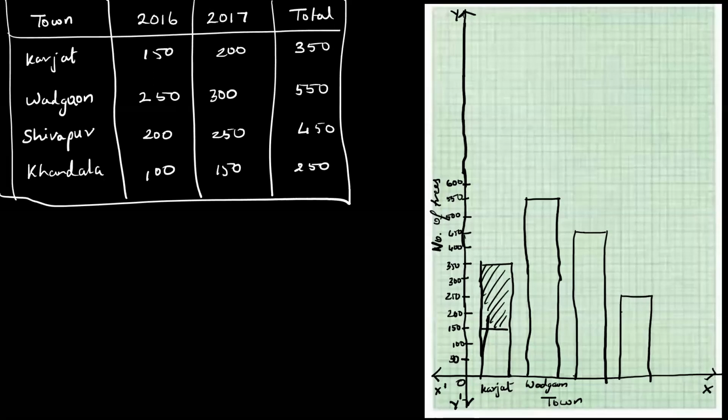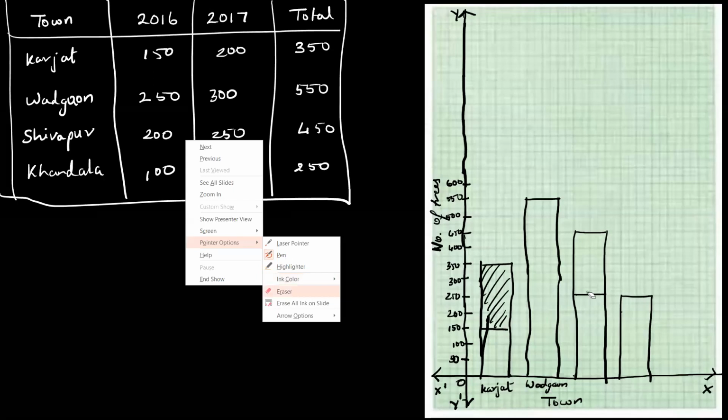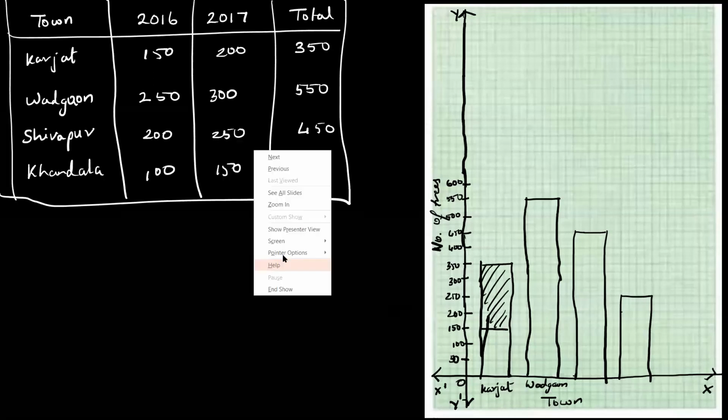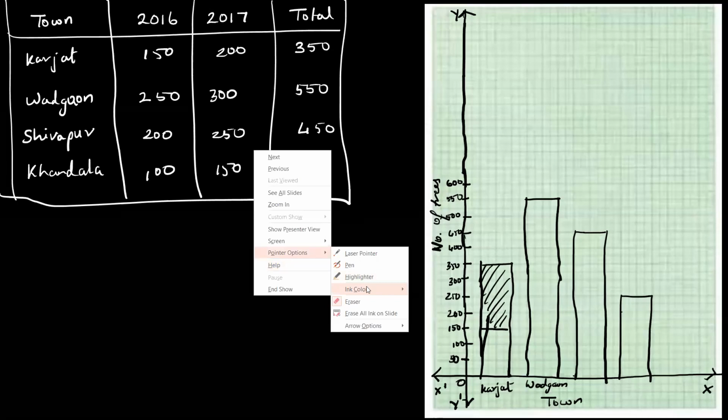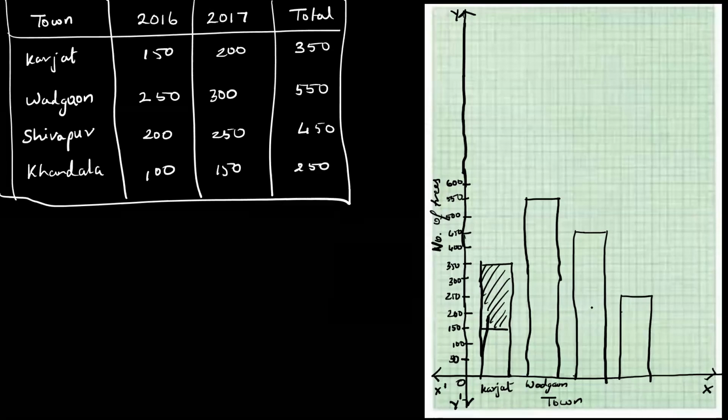Then 550, I said 250 is 2016, so 250 comes here. Oh, sorry, I made it the wrong place. 250 will come here. So I'll shade this.